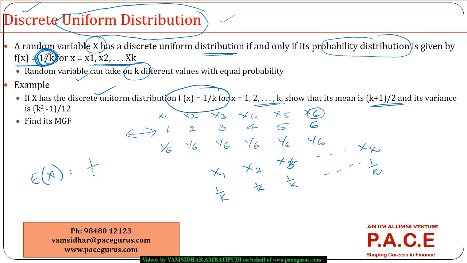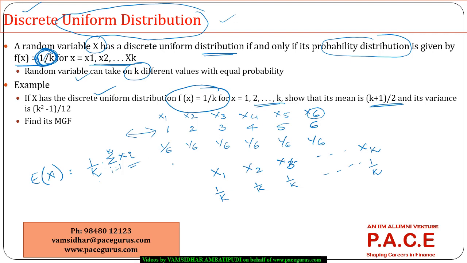It is nothing but 1 by k into sigma xi, where i is from 1 to k.